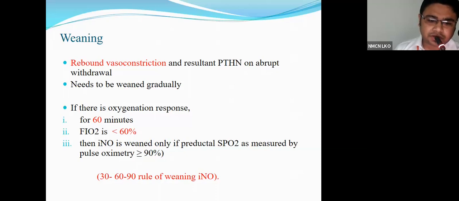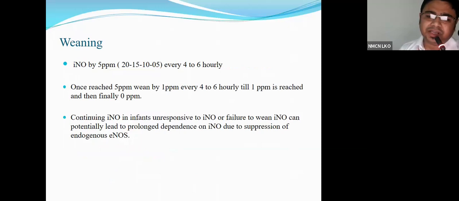So if there is oxygenation, it is for 60 minutes, and if the FiO2 is coming down to less than 60%, and your SpO2, measured by pulse oximetry, is more than 90, then you can gradually cut down the iNO. Another strategy of weaning iNO is from 20 parts per million to 15, 10, 5. Once you come down to 5, every 4 to 6 hours you reduce by 1 ppm until you reach 1. And then from 1, you can discontinue the nitric oxide.